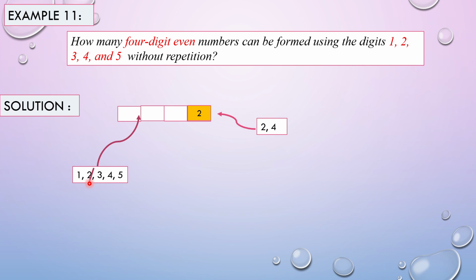So the first box can be filled with value 4. Why 4? Because we have another 4 options remaining.